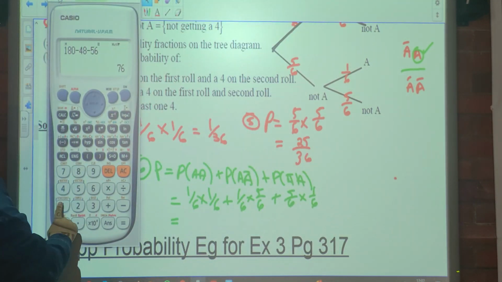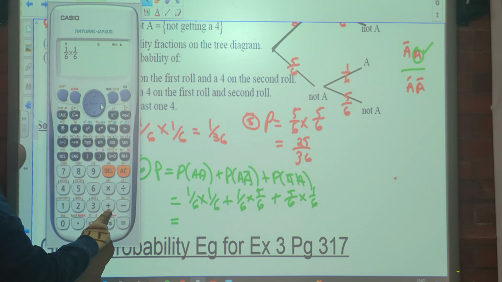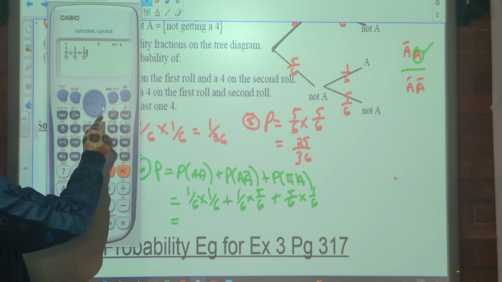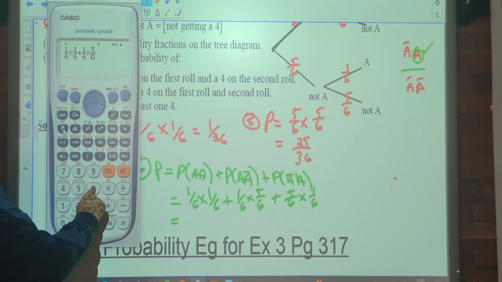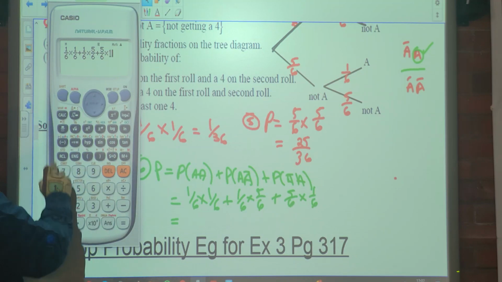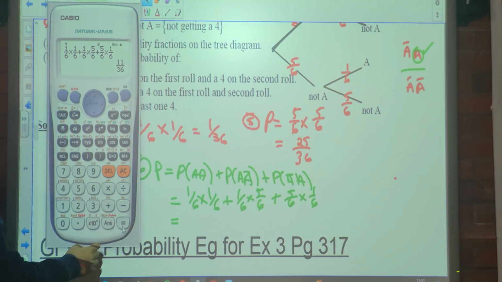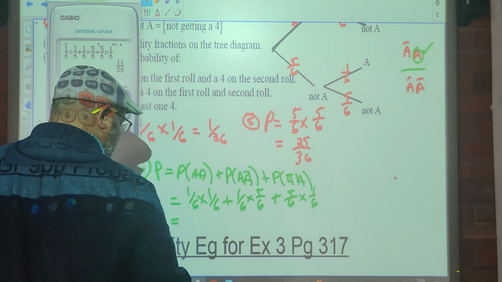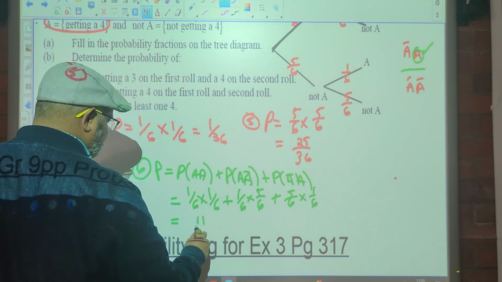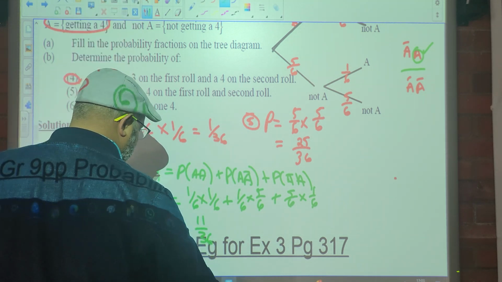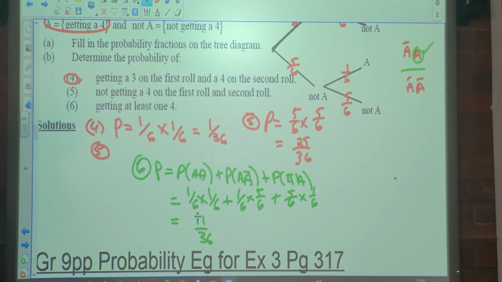That is 1 over 6 times 1 over 6 plus 1 over 6 times 5 over 6 plus 5 over 6 times 1 over 6. Is that 11 over 36? Can you see that, people?